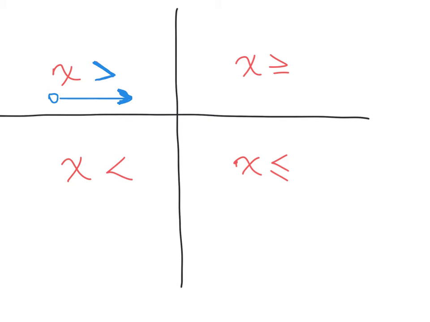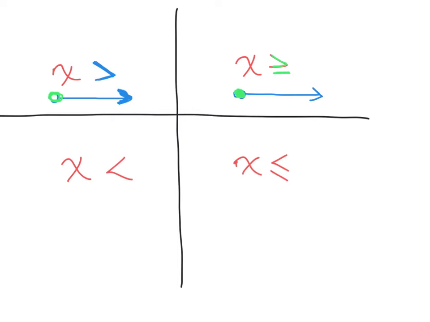If I say X is greater than or equal to, then I'm going to use what we call a closed circle. So I would color in that circle and draw the arrow again to the right. So what we're looking at here is an open circle or a closed circle. Closed circle means included. It's got more ink in this symbol. We color it in. An open circle means not included.